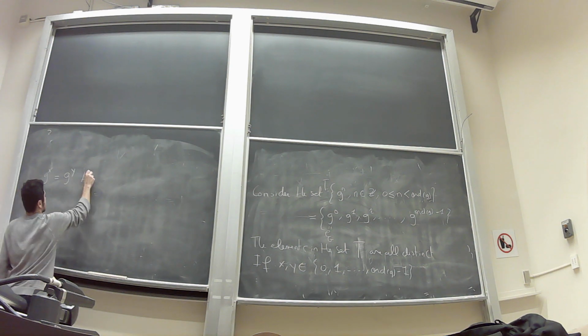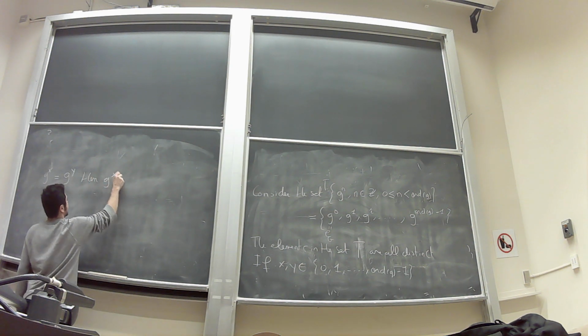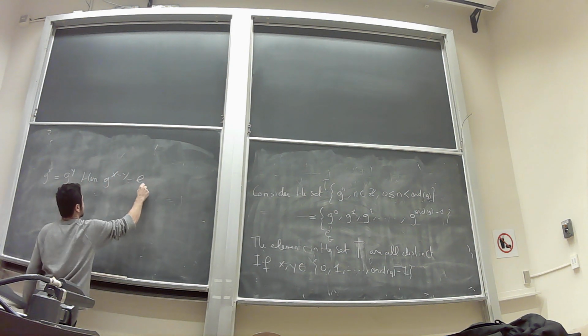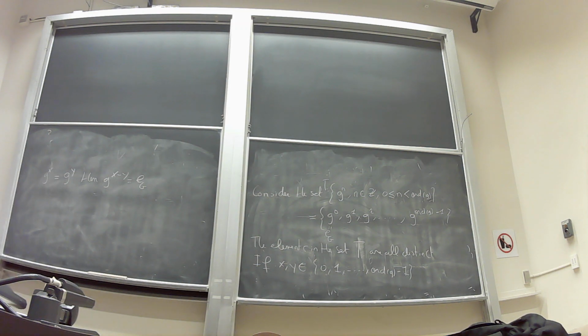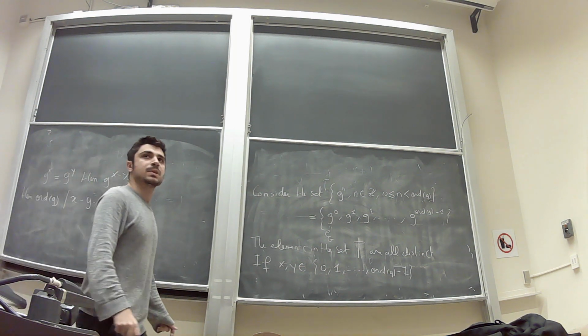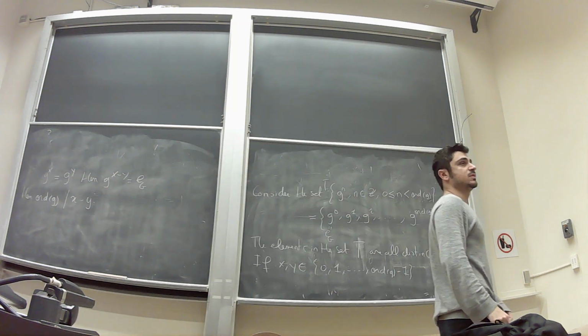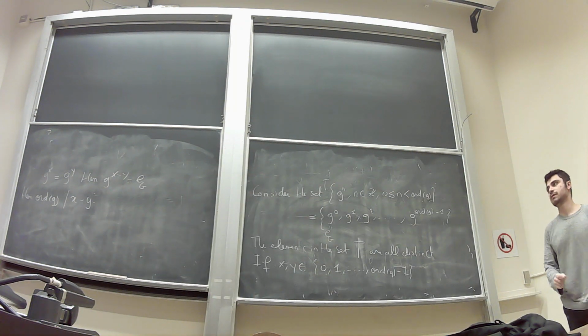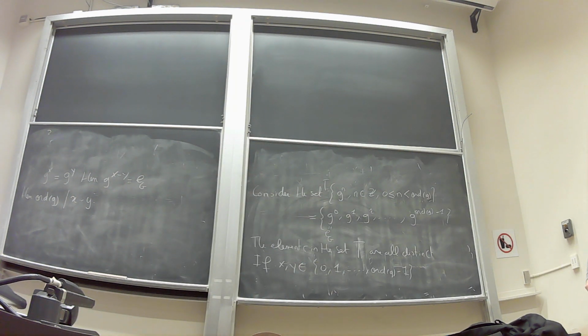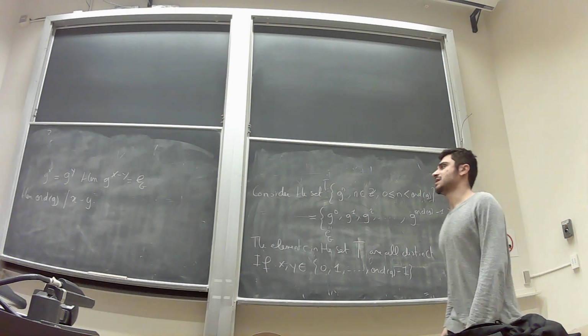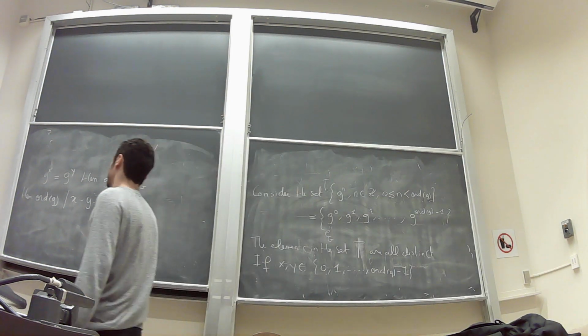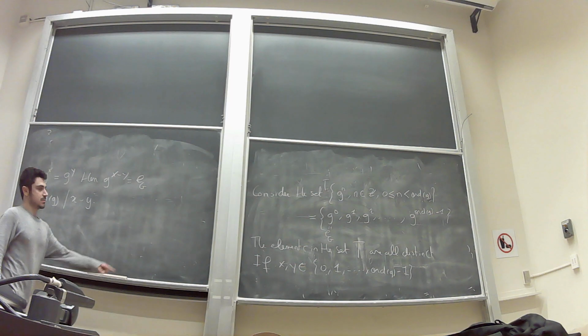Then g to the x minus y is equal to the identity. So far so good. Then the order of g will divide x minus y. This is the property we saw about the order. If you have g to the something equal to the identity, then the order of g divides that something. Now what can I say about x minus y?